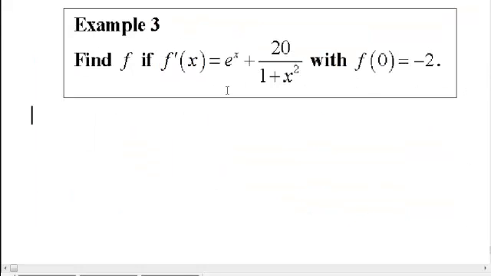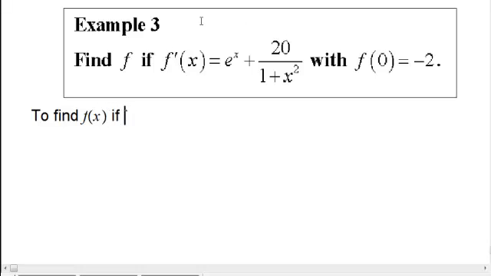Okay. Now this time, we have to find little f. Let me be a little more formal. f of x, right?